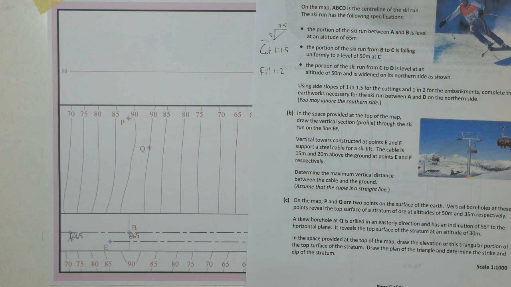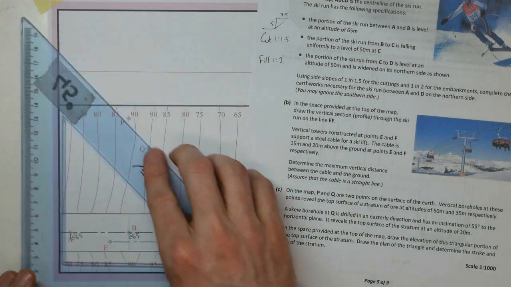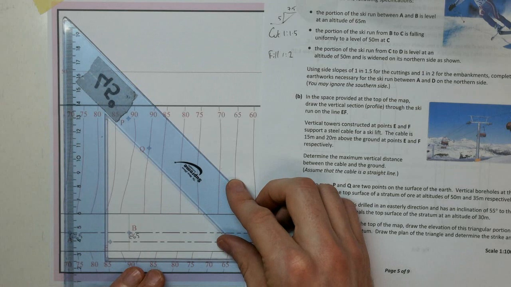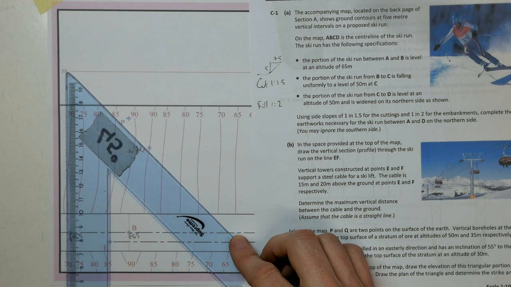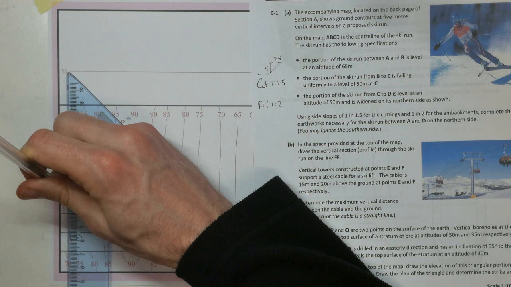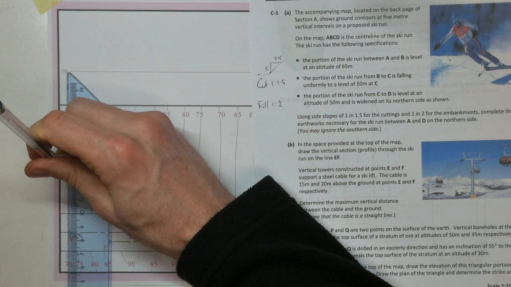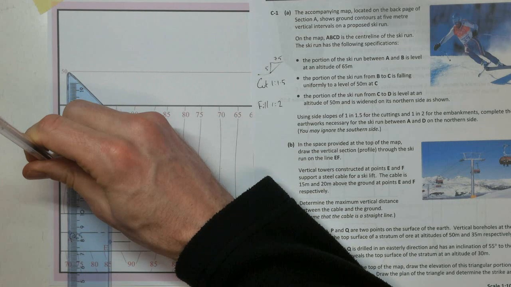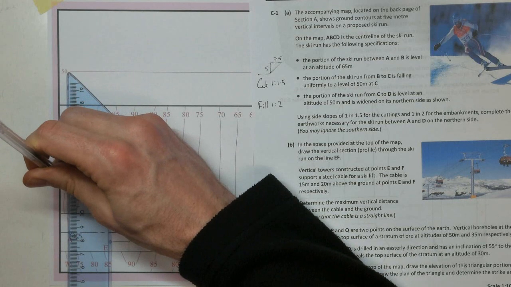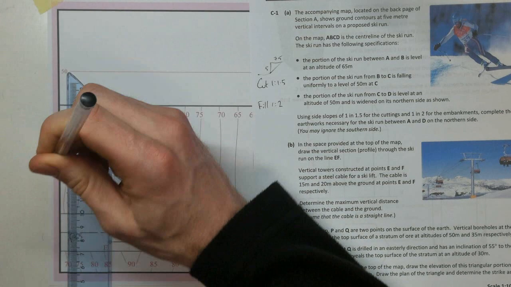So we need to go 7.5 millimeter intervals. This is the best I can do to measure 7.5. So 50, halfway, 7.5.